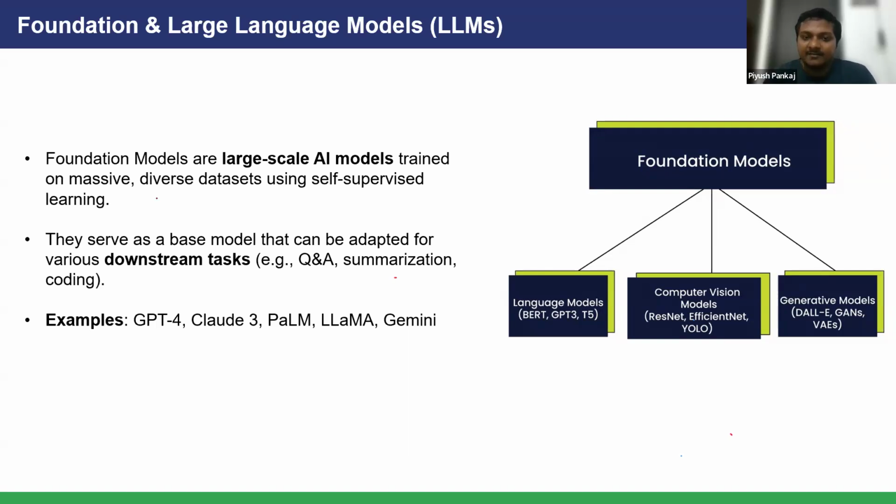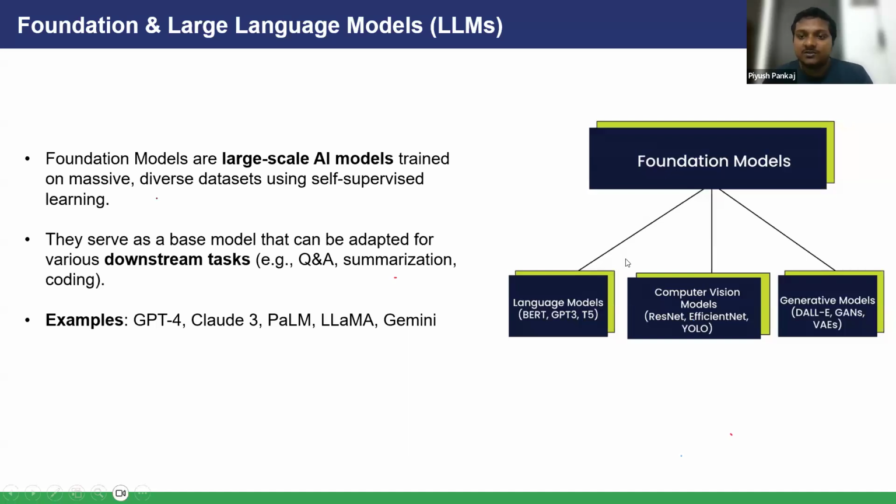If you talk about the foundation model, basically it works as a base model that can be adapted for different domains or different downstream tasks. Let's suppose I want to use it only for Q&A, or for summarization, or for coding. Examples of foundation models are GPT-4, Claude 3, PaLM, Llama, which is from Meta, and Gemini from Google.